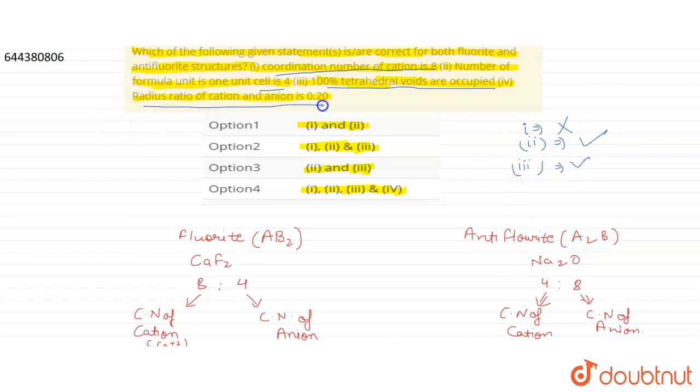Radius ratio of cation and anion is 0.20. This statement is completely wrong, because there can't be the same radius ratio for two structures like fluoride and antifluoride.